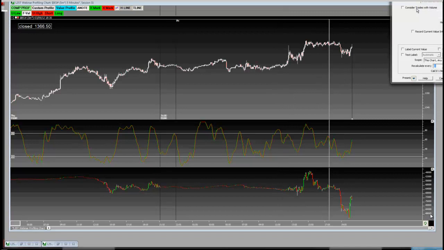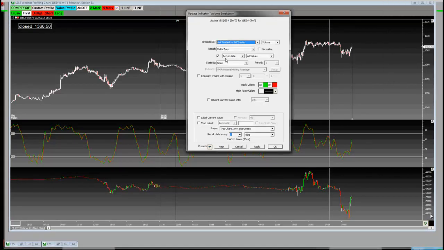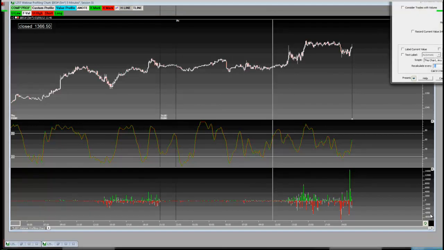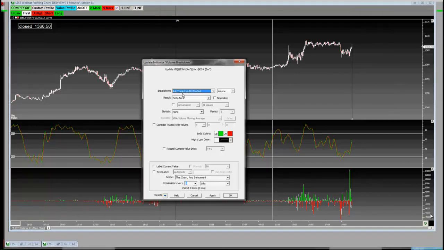You can use that as well, but for the purpose of the examples today, I'm going to just look at the volume breakdown based upon the delta bar, or the delta per bar. So we are looking at a 5-minute chart, so we're looking at the delta per 5-minute bar.